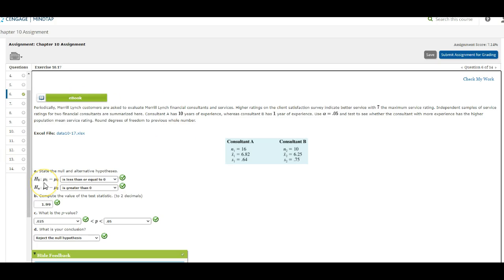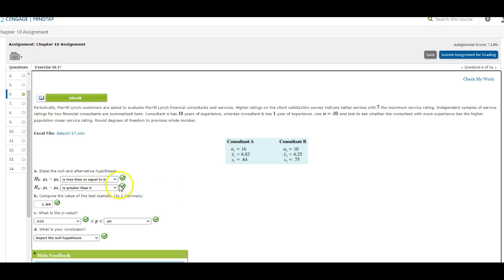So we're looking at a hypothesis test of the difference between two means, mu sub 1 minus mu sub 2, and because we want to see if mu sub 1 is greater, that's our hypothesis. We want to be able to conclude that the rating for the first consultant is greater than the rating for the second consultant, which means that the difference would be greater than 0.